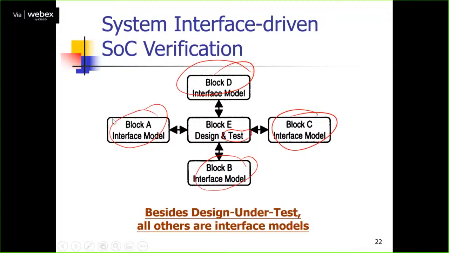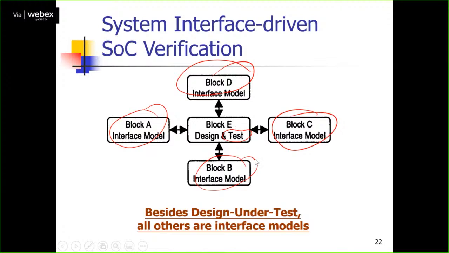Those will all be called interface models. This will be called a design model. So all these blocks will insert or drive their values whenever block E requires them for testing, so that the system interfaces will be driven to your block E and it will be tested.